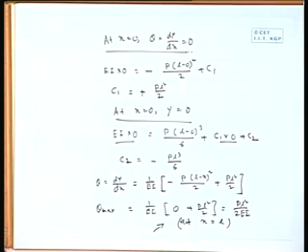So, at the free end the theta will be maximum, and that value will be P into L square divided by 2EI.